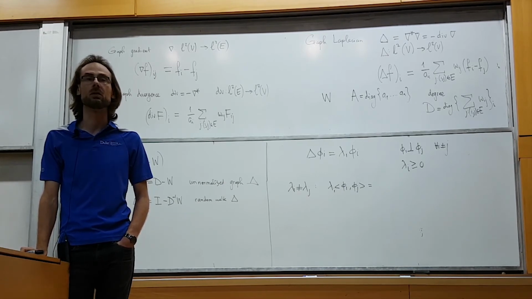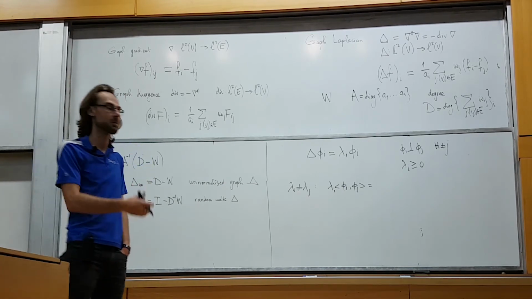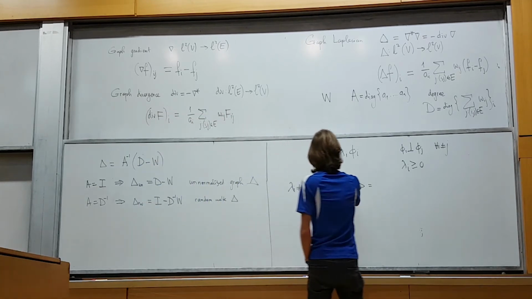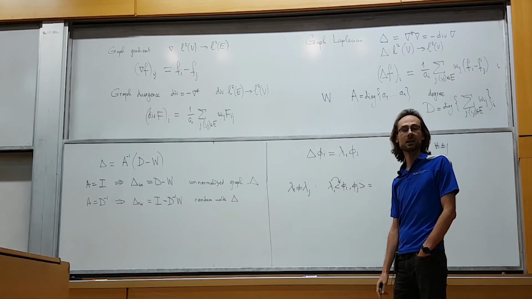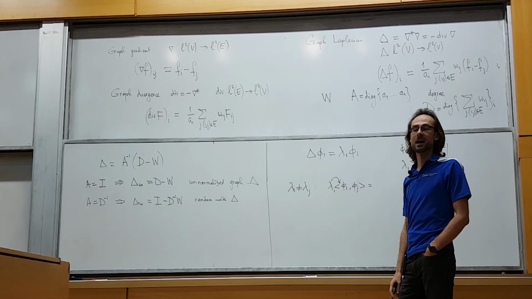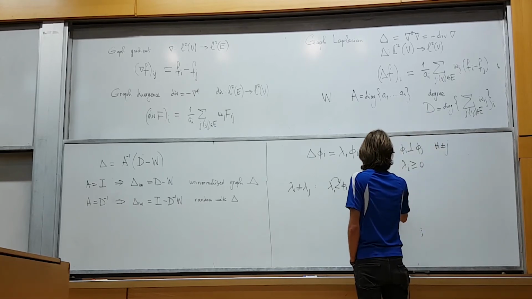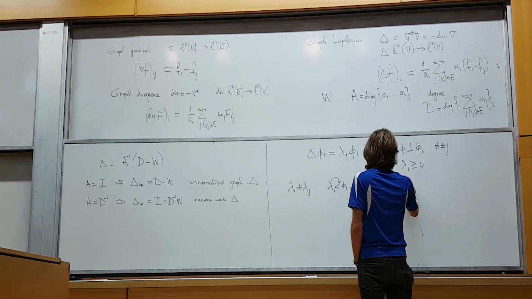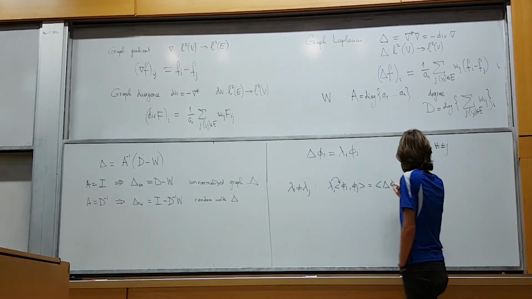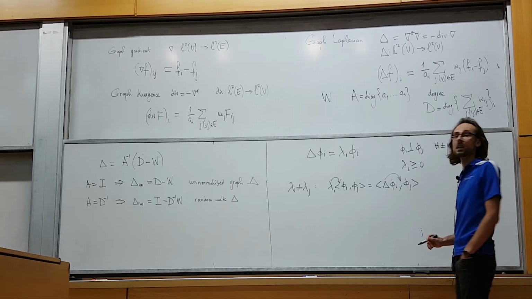I will just not write it explicitly, it's clear from the context. So I'm moving my lambda here. What is lambda phi i? It is the Laplacian of phi i, here with phi j. Now I'm moving this Laplacian over with an adjoint.